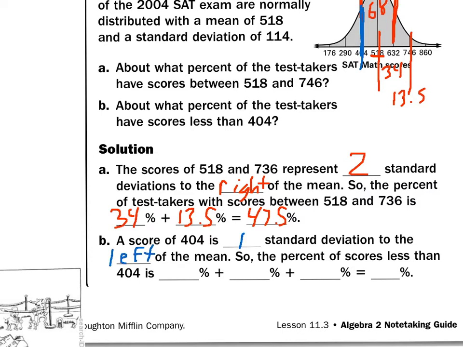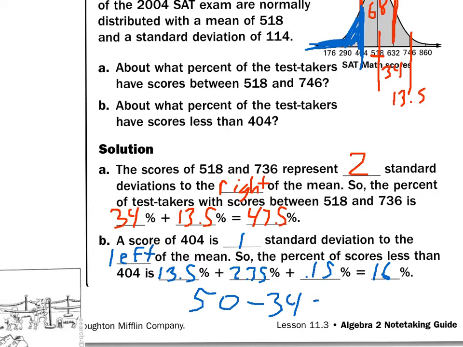And so you could add up 13.5 plus 2.35 plus 0.15 and get 16. Or you could just say if 50% of the people were to the left of the mean and I get rid of 34% of them because I just want these people right in here, then that would equal 16% also. So that's 2 ways to think about it.